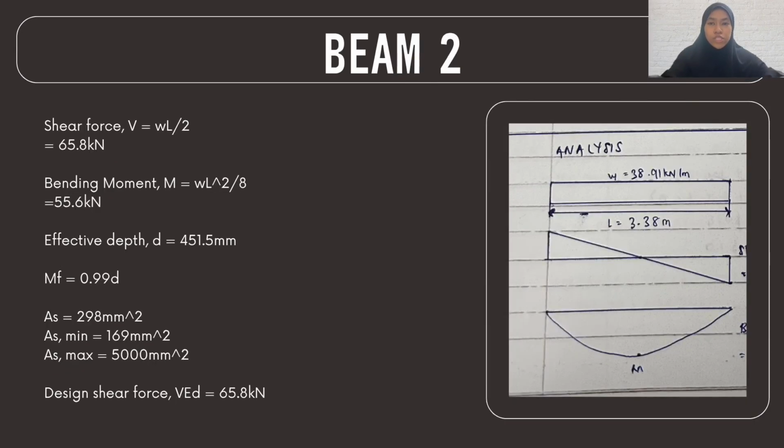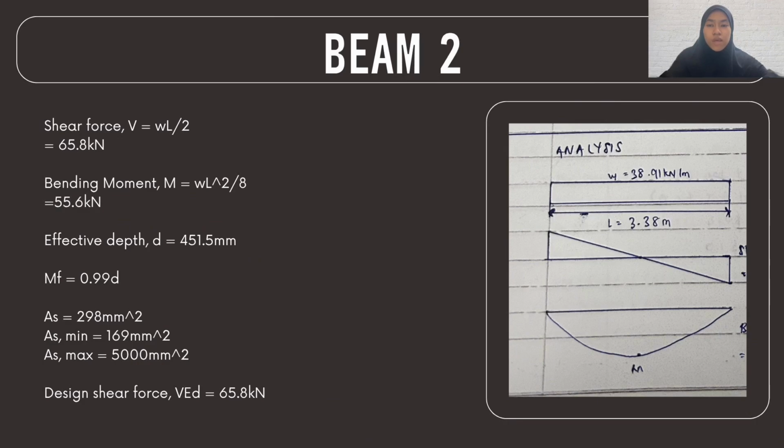Now moving to shear and bending design, the shear force is calculated using V equals W times L over 2. V equals 65.8 kilonewtons. The maximum bending moment is M equals W times L squared over 8 equals 55.6 kilonewton meters.